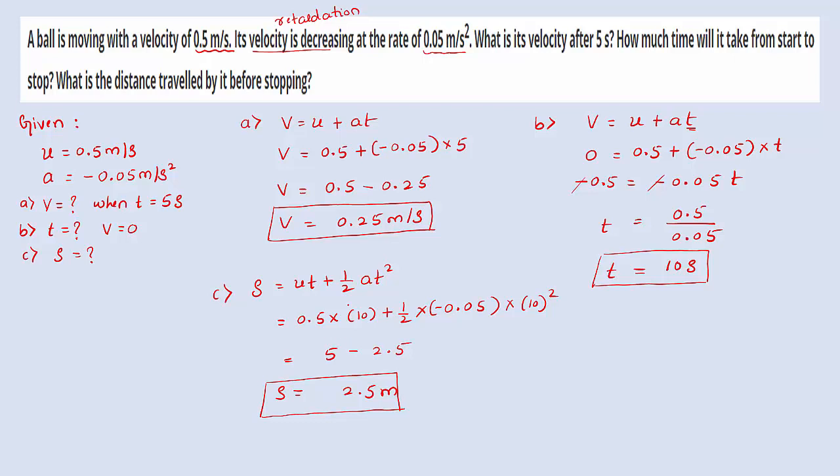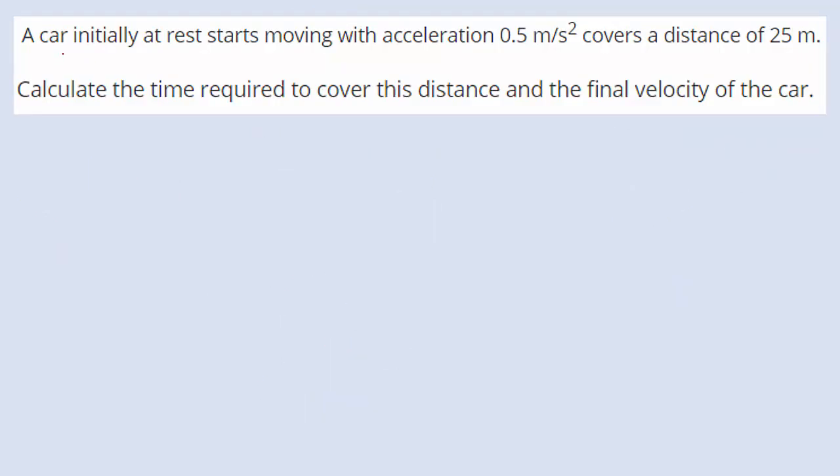Now let us continue with the next problem. A car initially at rest starts moving with acceleration 0.5 meter per second square. It covers a distance of 25 meter. Calculate the time required to cover this distance and the final velocity of the car. So what we have to calculate? The time required to cover the given distance and also the final velocity.